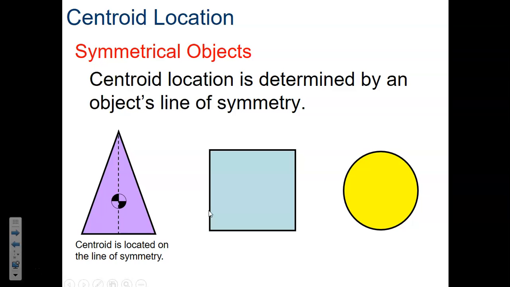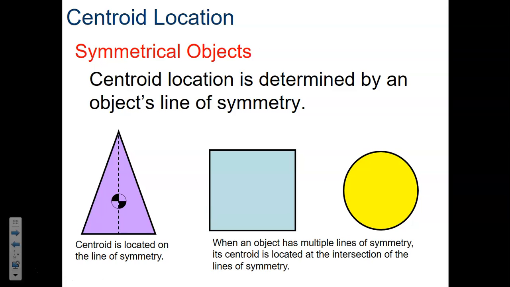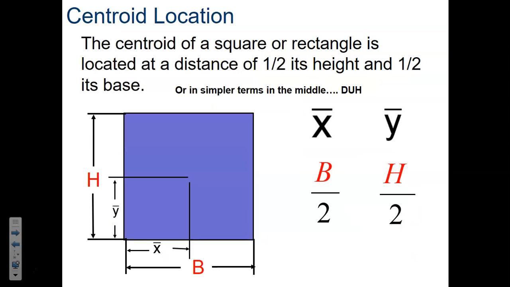On something like a square or a circle, when there are multiple lines of symmetry, the centroid is going to lie at the intersection of those lines, and very frequently it's what you would consider the middle of the object. So again, we're looking at two-dimensional representations of what would probably be a three-dimensional object in an engineering discipline.